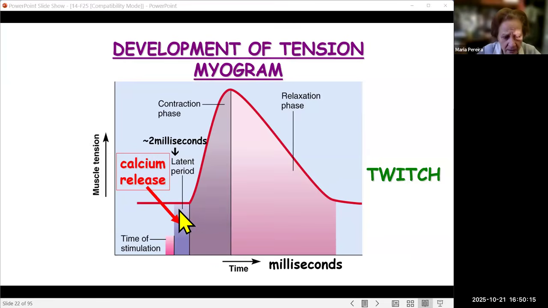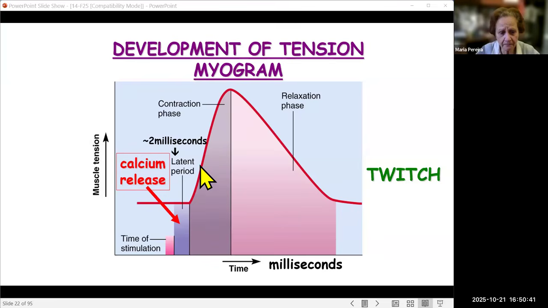This lag represents the time that is necessary for calcium to be released from the sarcoplasmic reticulum. So when the calcium reaches a certain concentration, now you have the contraction, the all or none contraction phase.